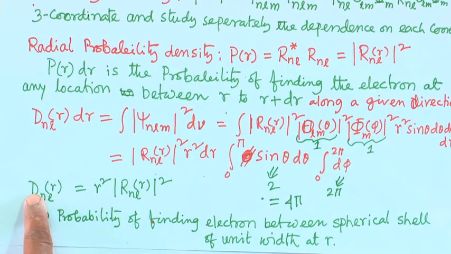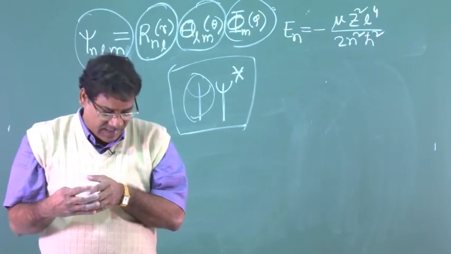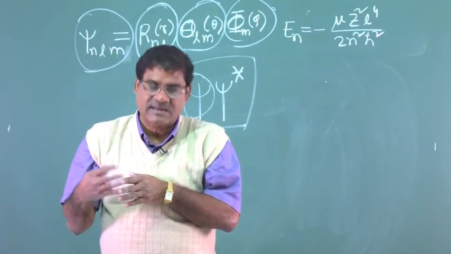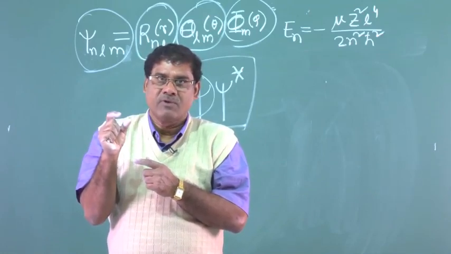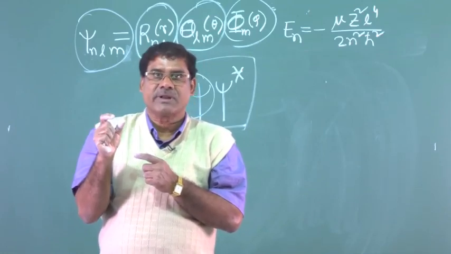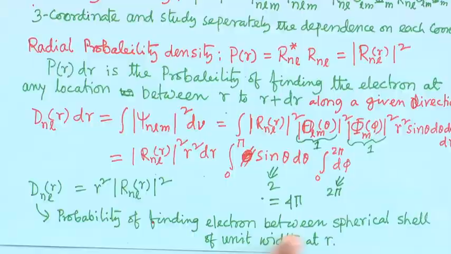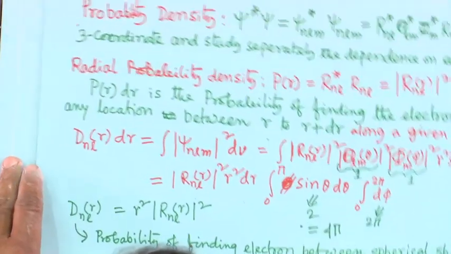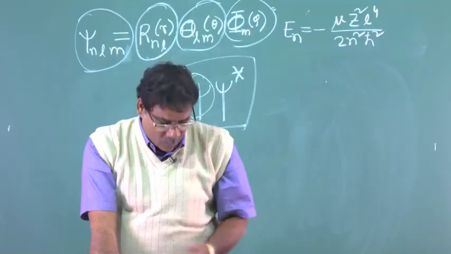So, D_nl(r) is basically the probability of finding the electron between a spherical shell of unit width at r, where dr is now taken as 1. So, this is the probability density.